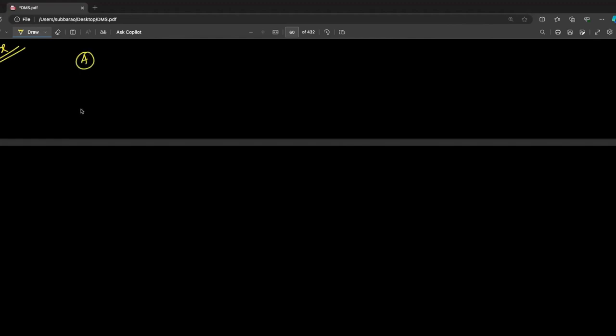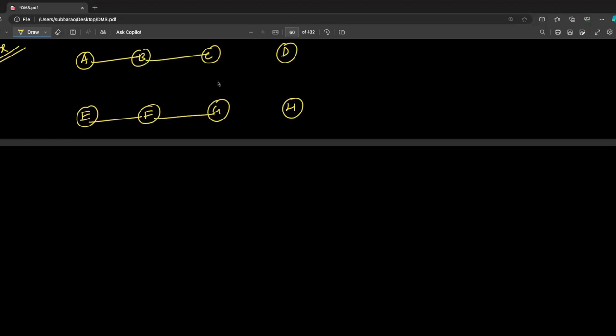The vertices are A, B, C, D, E, F, G, and H. The edges are E1, E3, E2, E8, E4, E5, E6, E7.